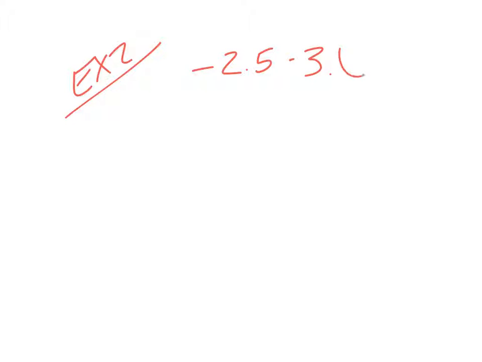All right, so now let's look at example 2. We're multiplying negative 2.5 times 3.6. Does it matter in what order I write these? No. So I could say negative 2.5 times 3.6.